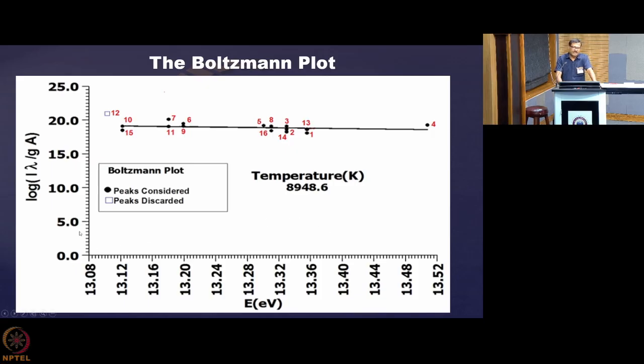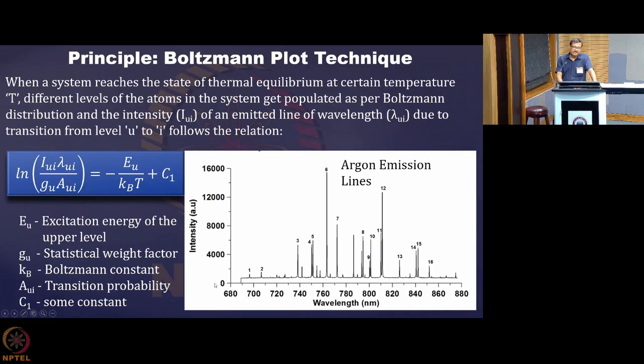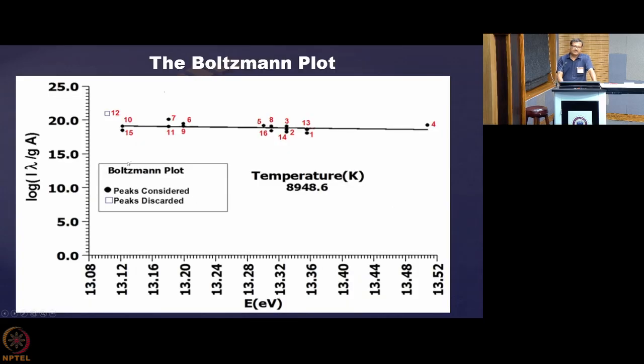Once you do that, I have plotted the same expression you have seen here: log of I lambda by G A against EU, the upper energy level, with the logarithmic part as Y. The points obtained from the intensity from the spectrometer go like this.